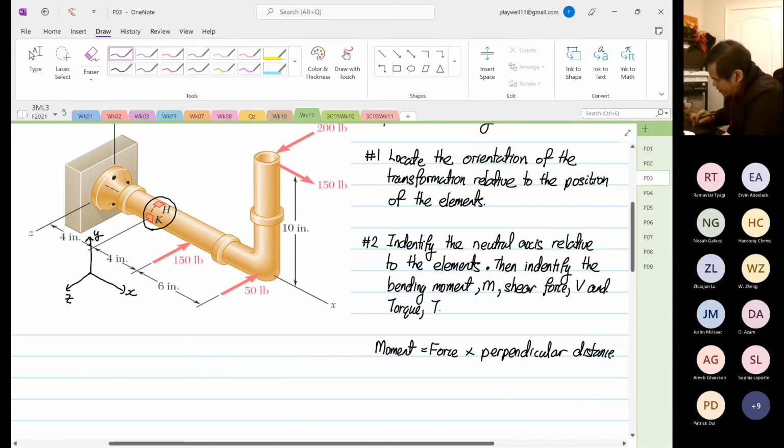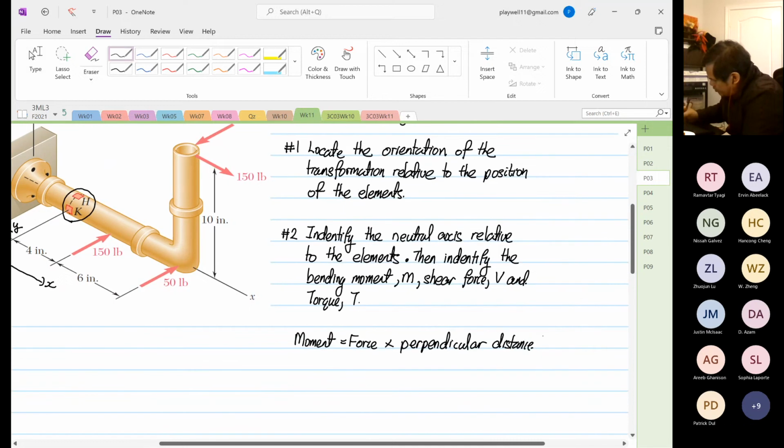So the unit over here we know is Newton meter or pound inch. That's moment. Torque is equal to force times radius. So the units are the same.